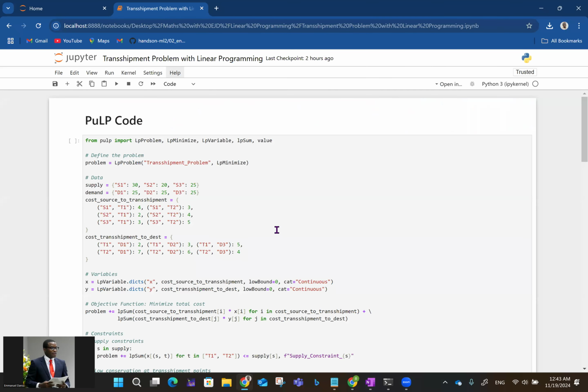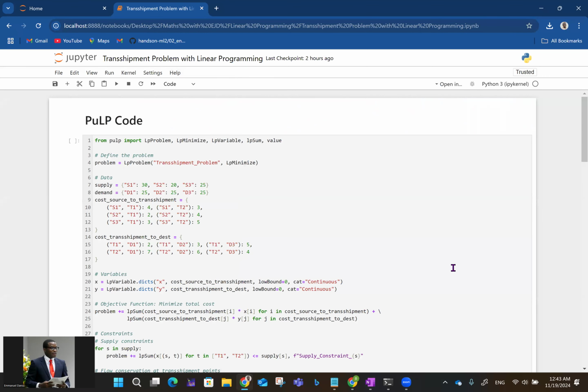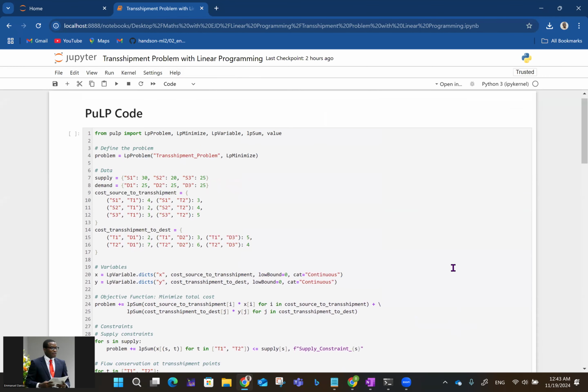So here we have the Python code. Of course, I always like to use PuLP and linprog. This is the PuLP code, and let me put the line numbers. So we have this transshipment problem. Everything is put in. You have supply 1 of 30, supply 2 of 20, supply 3 of 25, and all the demands.